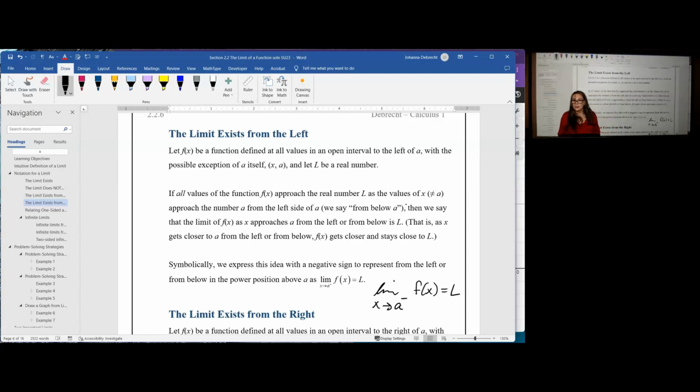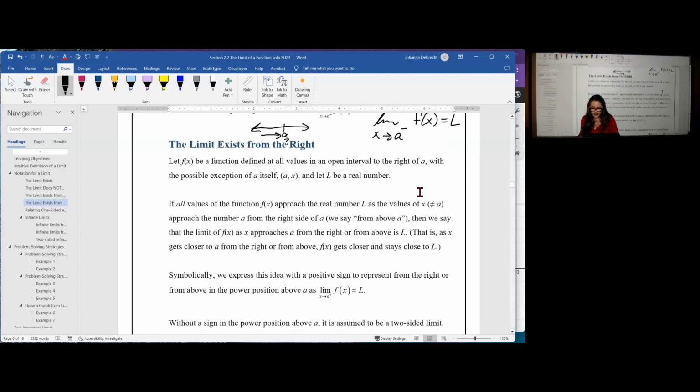So what do you think you're going to put to indicate from the right side? And again, this situation here means that you have a here, we don't know what happens at a, and x is coming from that side, from the left.